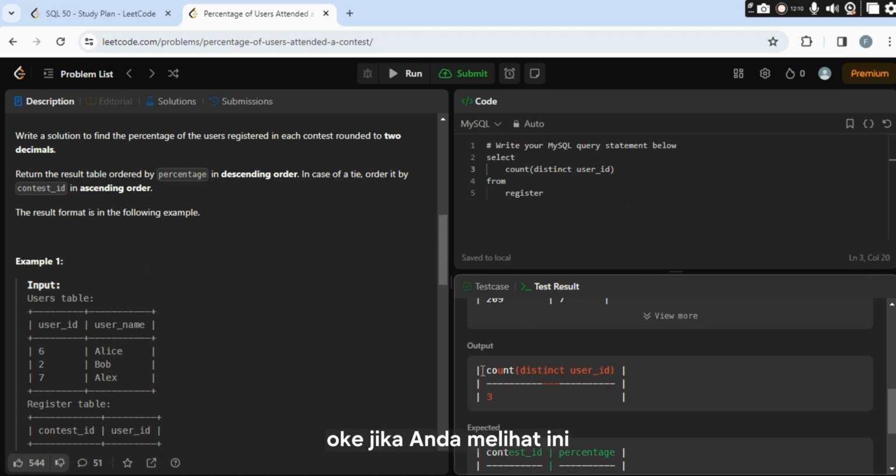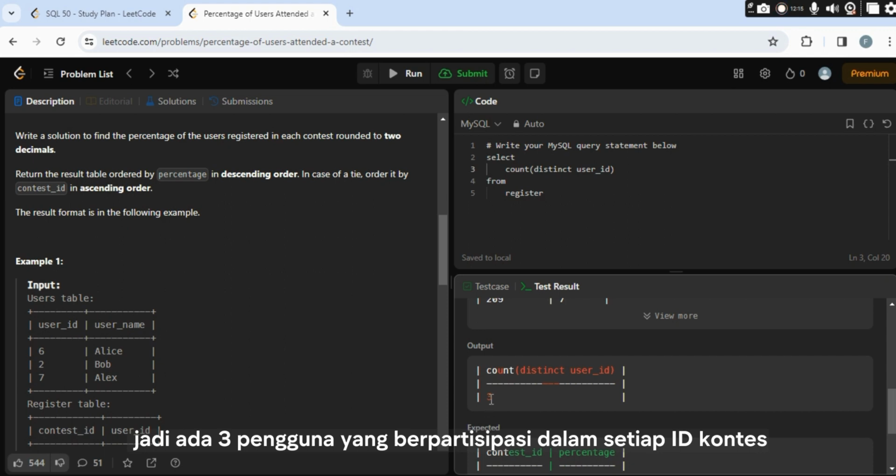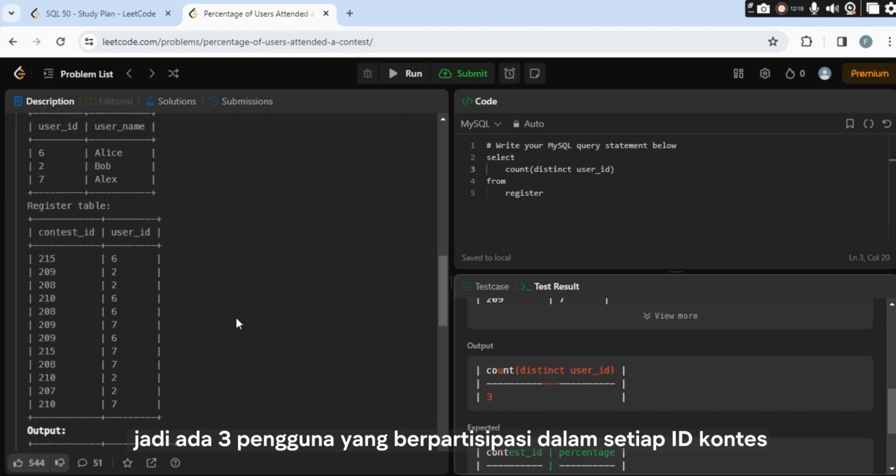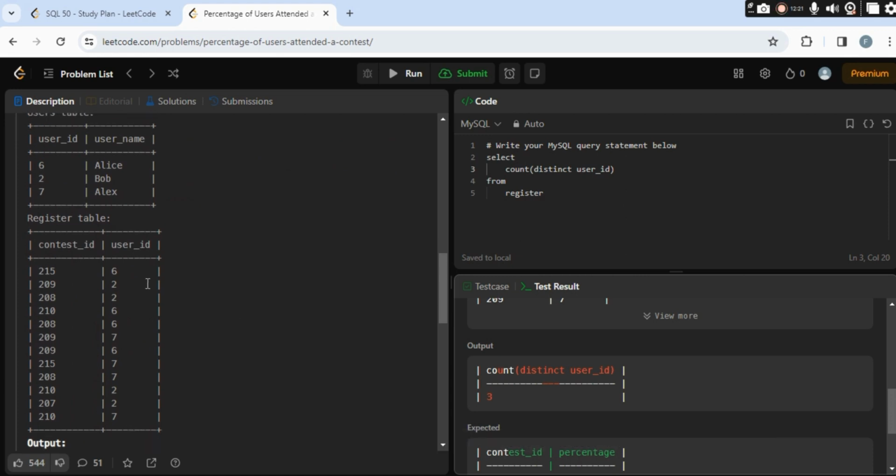If we look at this, there are 3 users that participate in each contest ID.